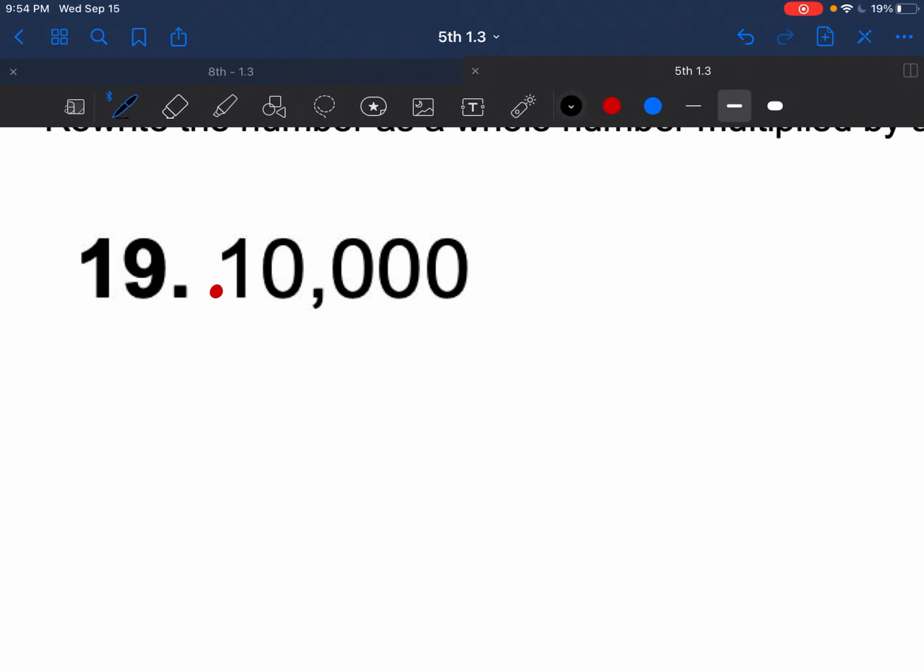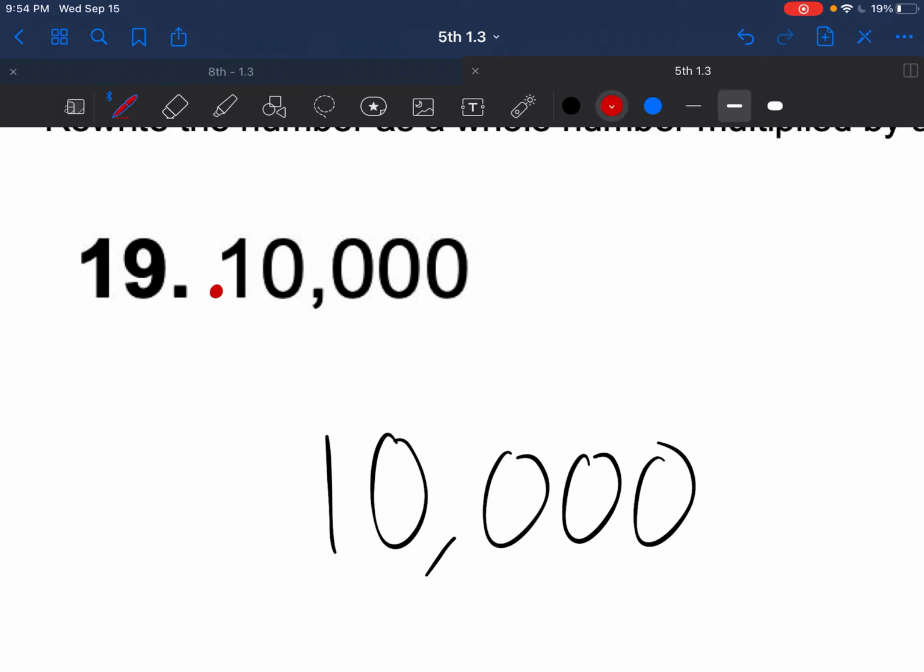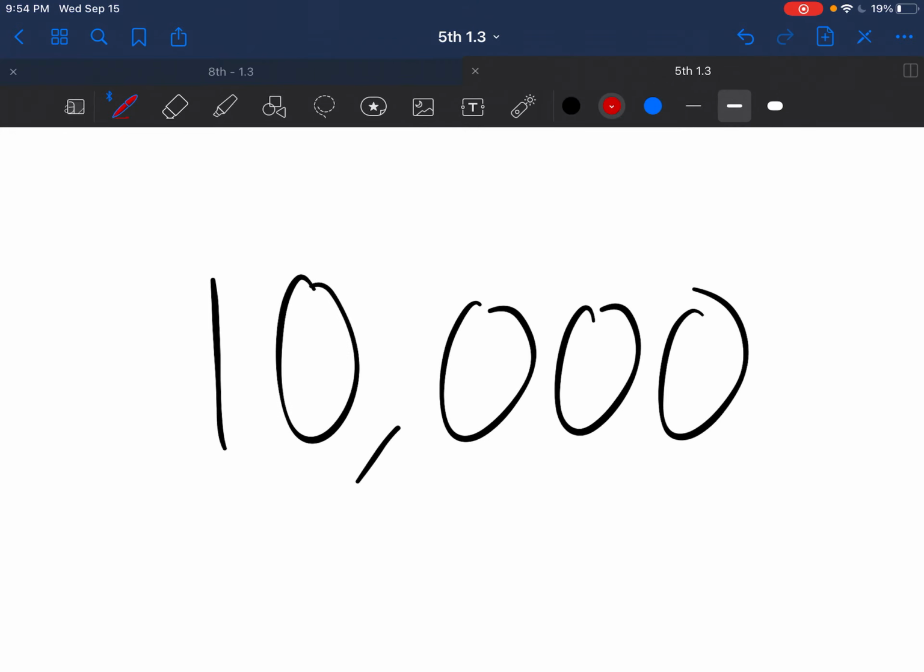So let me rewrite this question. We have 10,000. Where is the decimal in this problem? It's either over here in red or over here in blue. Does it say point 10,000 or is it 10,000 point? Well, it's 10,000 point, right? So we know our decimal is over here.